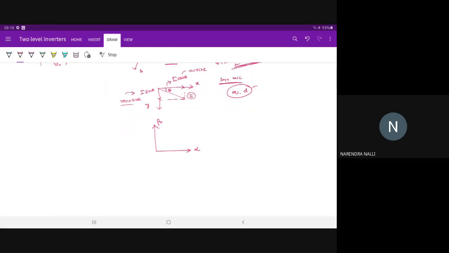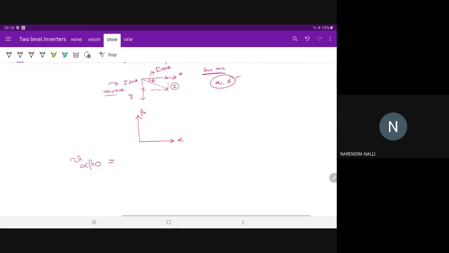When doing this, we have V alpha beta 0. We will discuss what the 0 is.